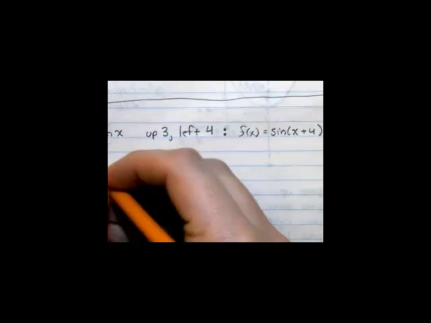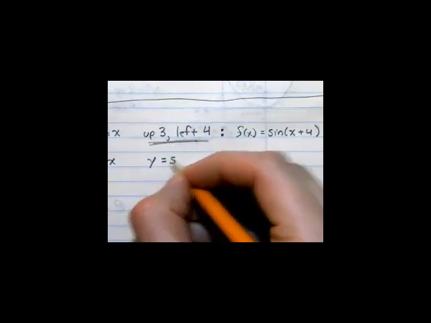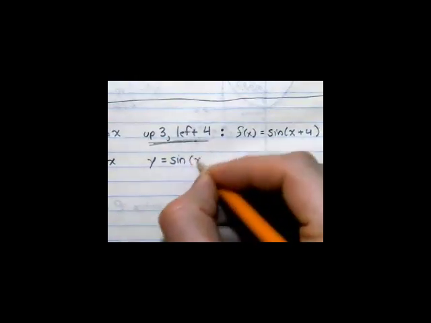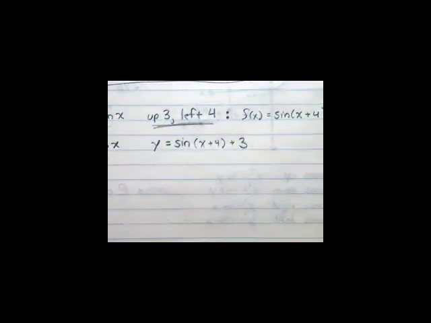It's all about how we organized things when we wrote functions, okay? Consider this for a second. What if I didn't write it as a function? What if I just did y instead of that? Then y equals sine of x plus 4, plus 3. I substituted x with x plus 4.